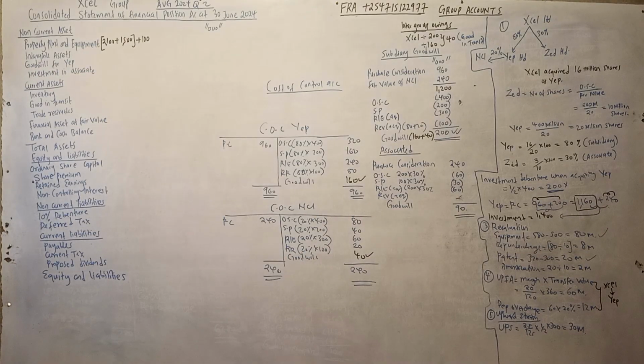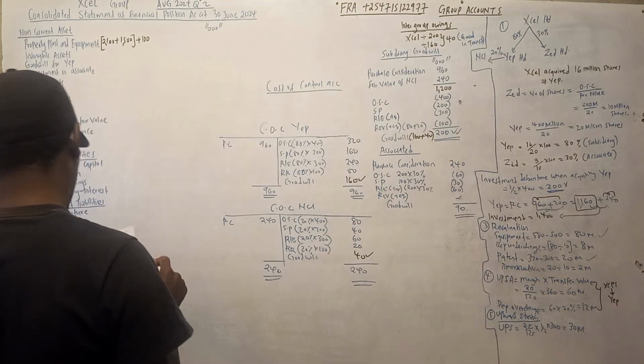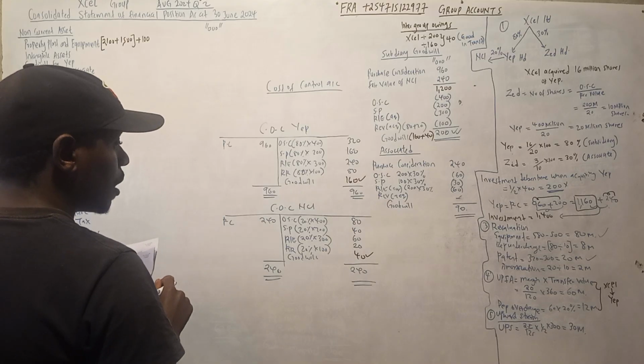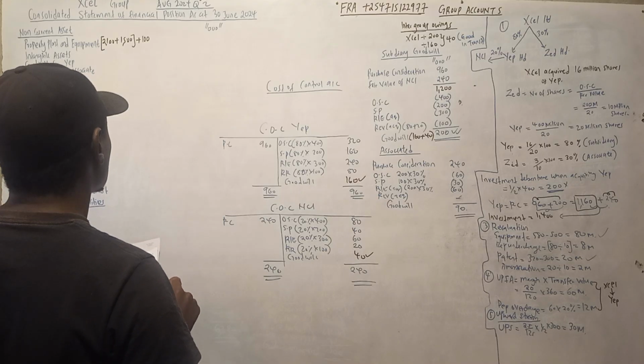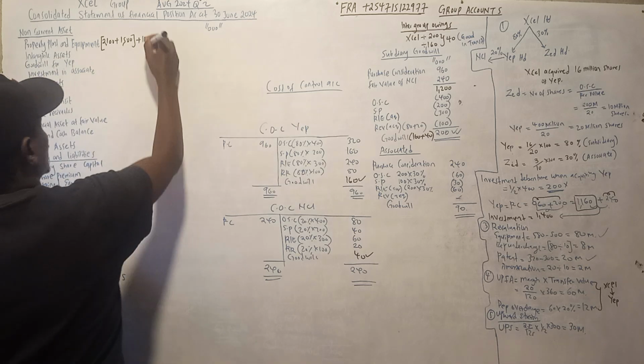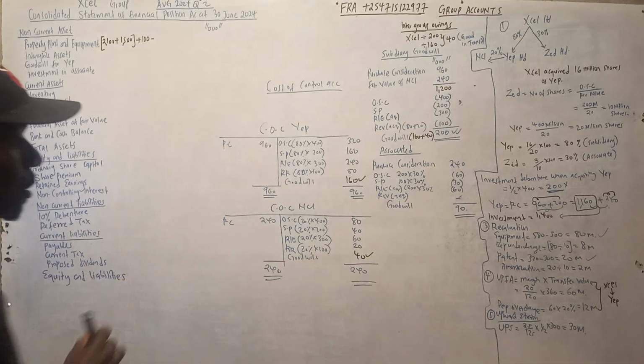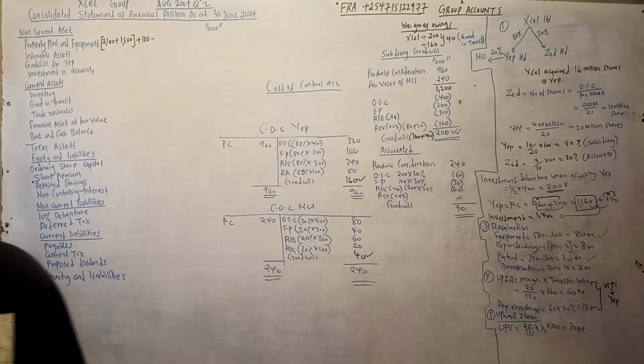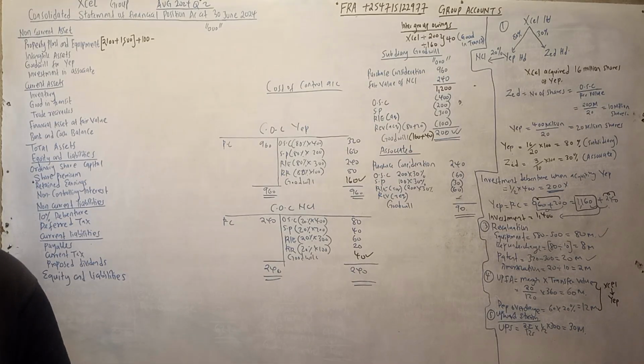Then you need to deduct depreciation undercharge. How much was the depreciation undercharge? Before we even look at it, it was 8. Let's go back to our equation.